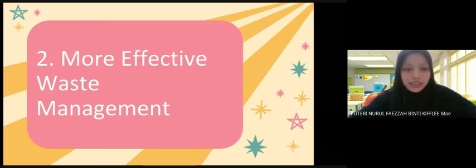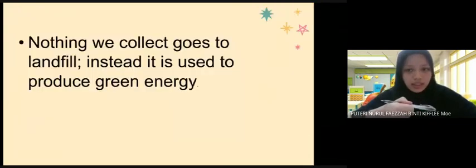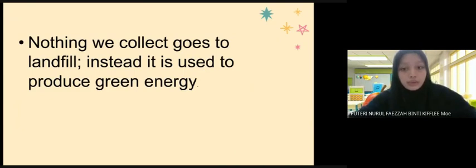The second one is we will have more effective waste management. When we apply green technology, we are going to use the waste or rubbish and all those things to produce green energy. So when we use this to produce green energy, nothing we collect goes to the landfill, and almost two thirds of landfill waste is biodegradable.